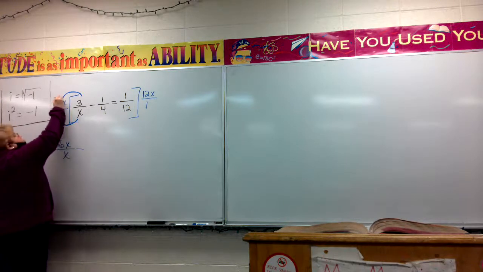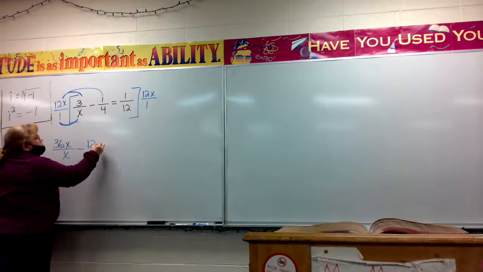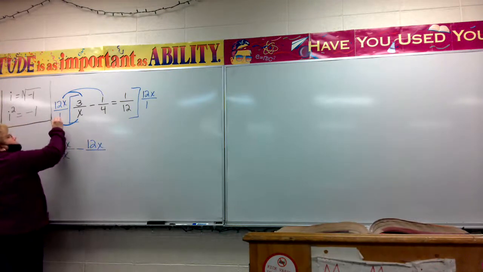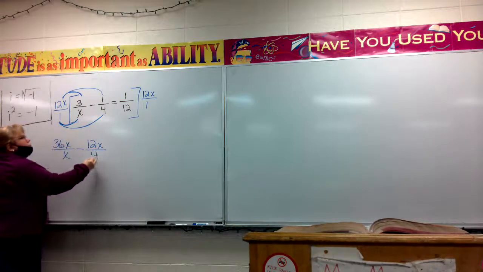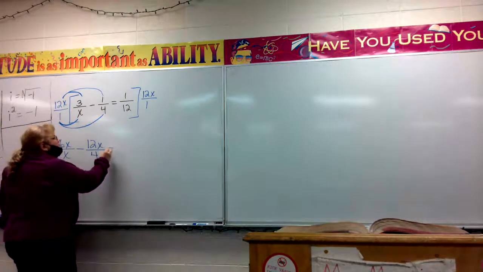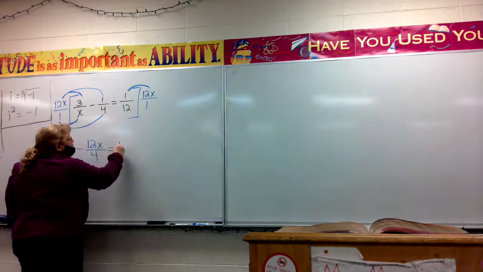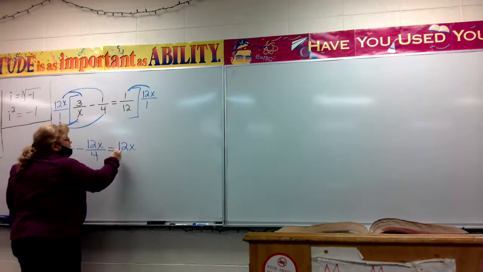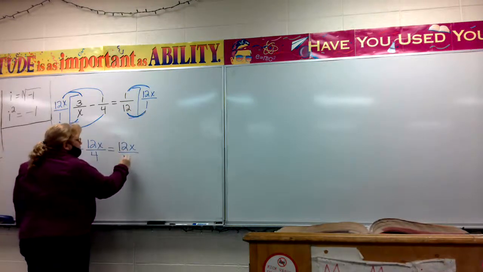Minus 12x times 1 is 12x. In the denominator, 1 times 4 is 4. And then finally, 12x times 1 again is 12x. And in the denominator, 12 times 1 is 12.